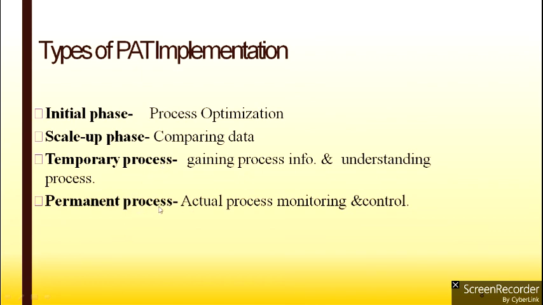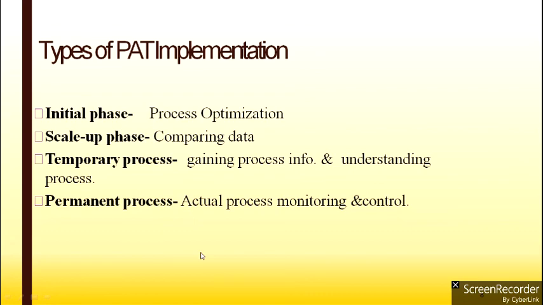So these permanent processes are said to be the actual process monitoring and control. Permanent processes are permanently fixed with a particular setup, whereas temporary processes are only for a temporary time. So you understand which process steps need a PAT for a temporary time, and then you install that. Whereas in a permanent process, the PAT is permanently fixed with the monitoring and controlling.